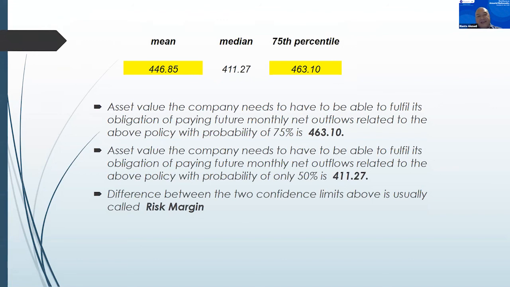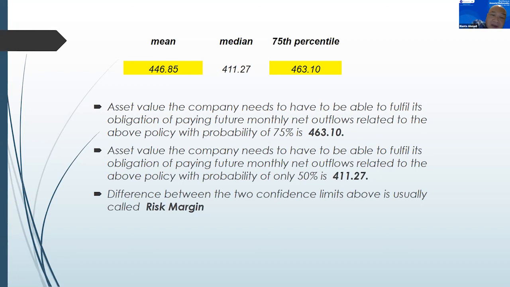And in the industry, the difference between the 75th percentile and the 50th percentile is usually called risk margin. How much money does the company have to put in the balance sheet? The regulation in Indonesia requires the company to put a reserve equal to the 75th percentile.